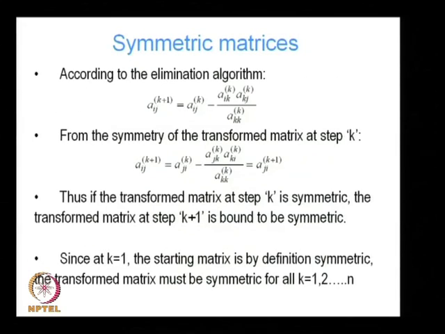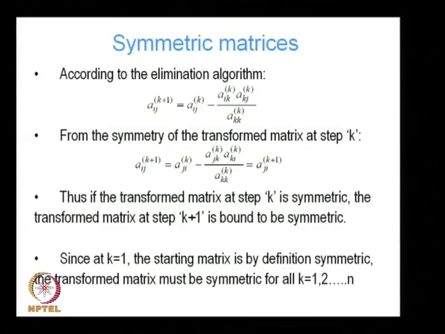Let us go back to the elimination algorithm which we derived last time for Gaussian elimination. According to that elimination algorithm, at any step k plus 1, the transformed element Aij at k plus 1 is given in terms of the elements at step k according to the following relationship.